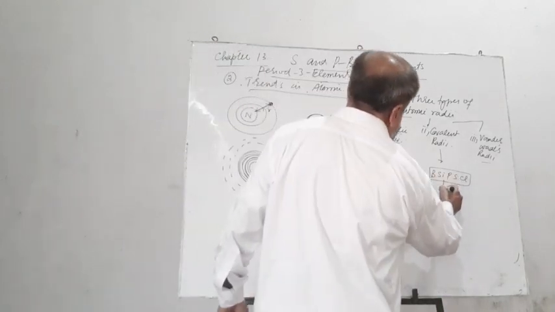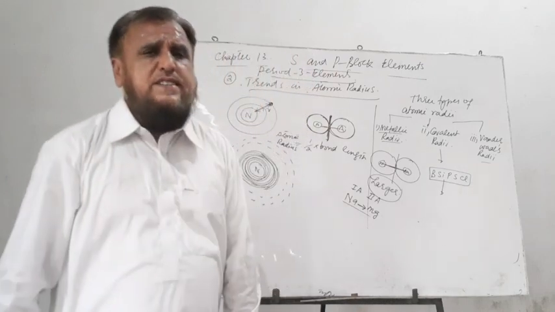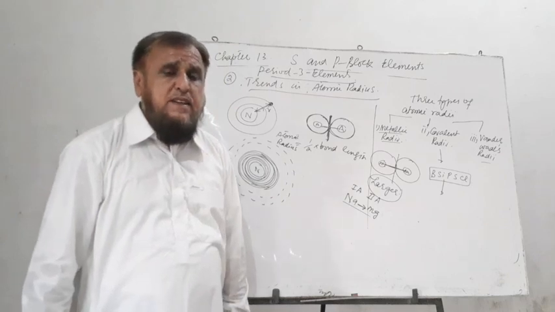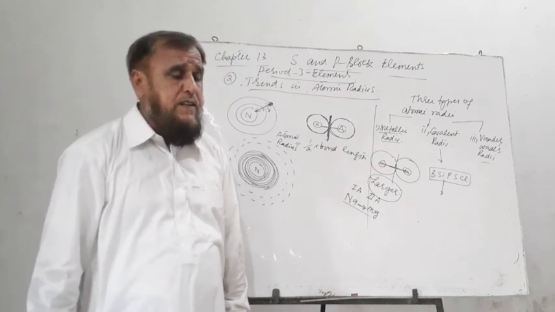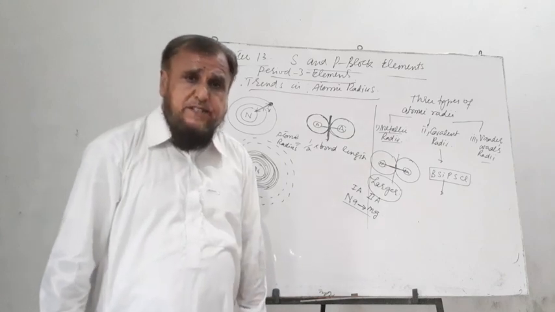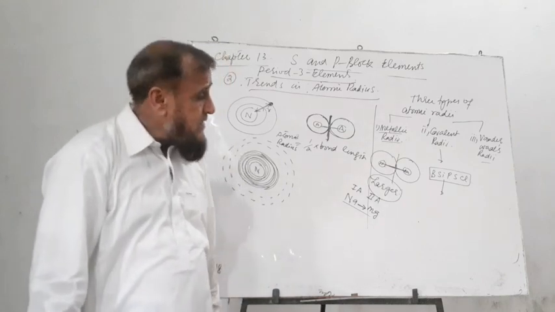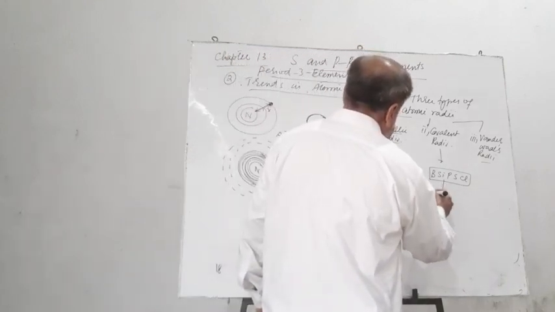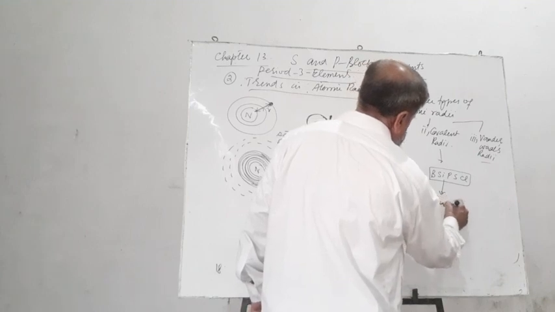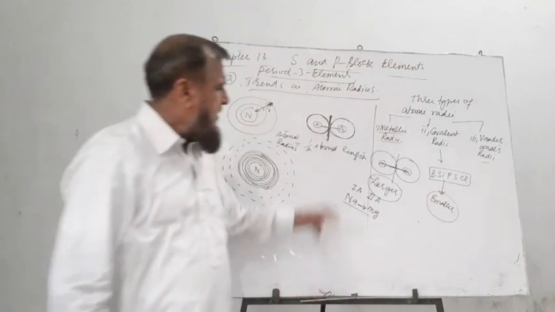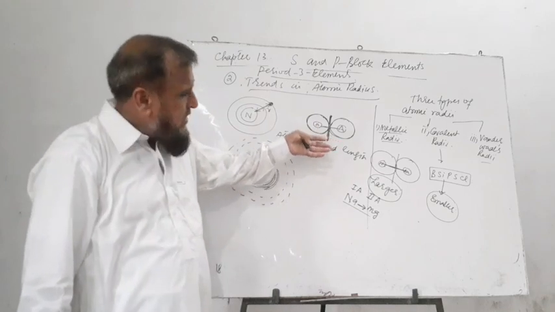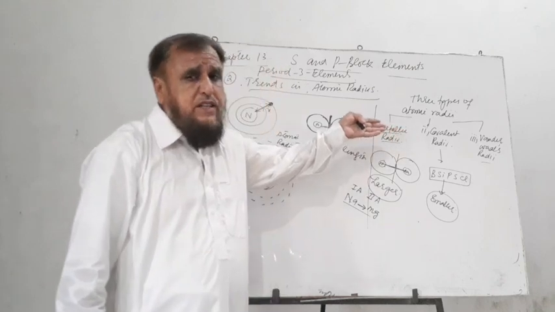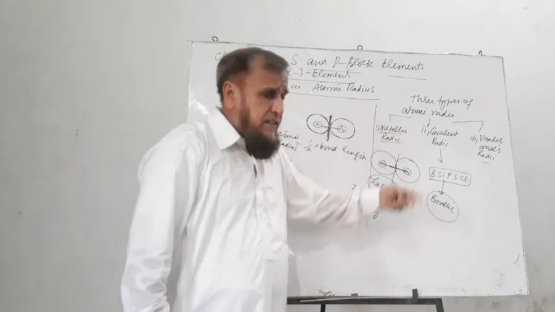Covalent radius is defined as one half the distance between two non-metal atoms bonded covalently, that is, one half the equilibrium internuclear distance or bond length. Covalent radii are usually smaller than metallic radii. So the general trend is that as we move from left to right in period 3, the radius decreases.